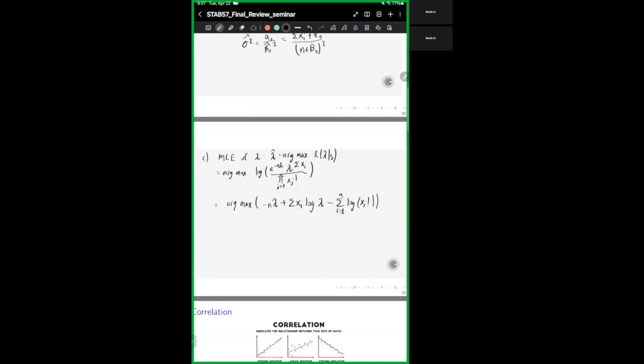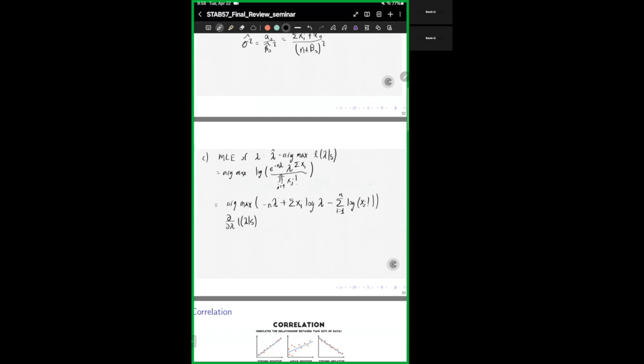However, if we are taking the arg max, we take the derivative of this log likelihood function L with respect to lambda, and this is how we maximize lambda hat.